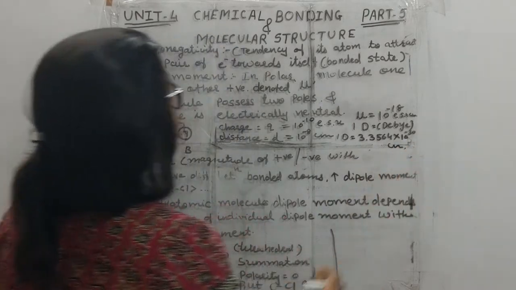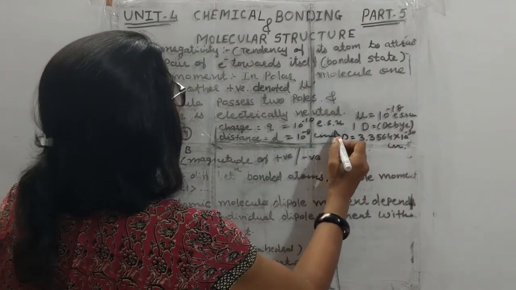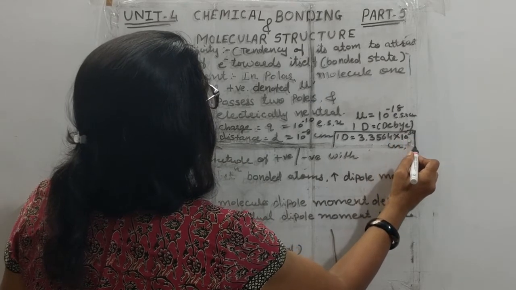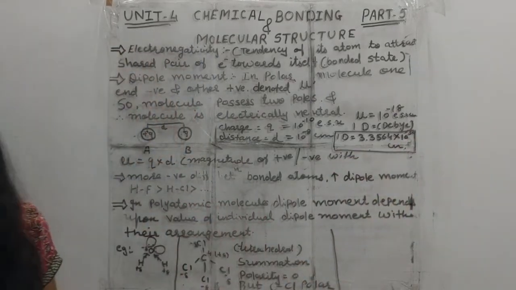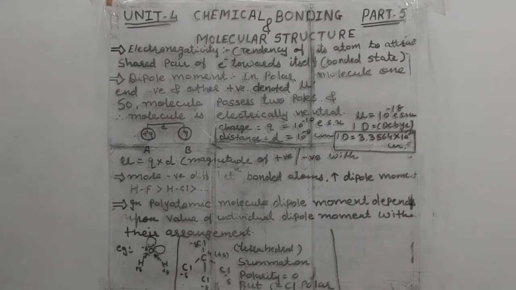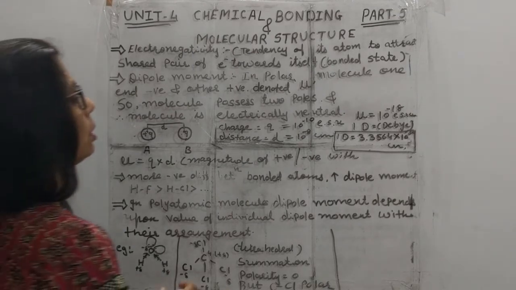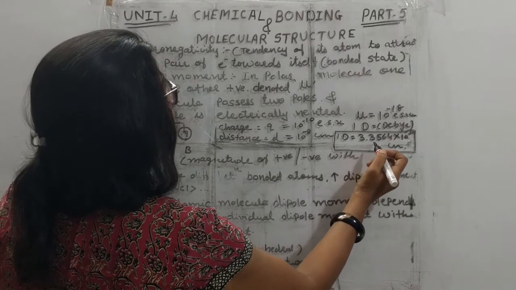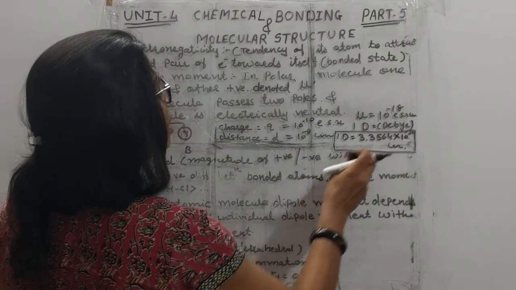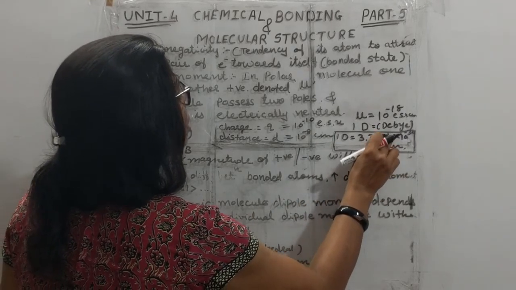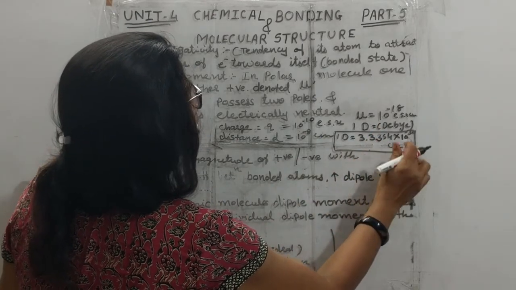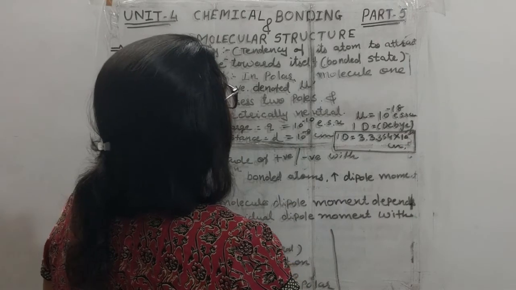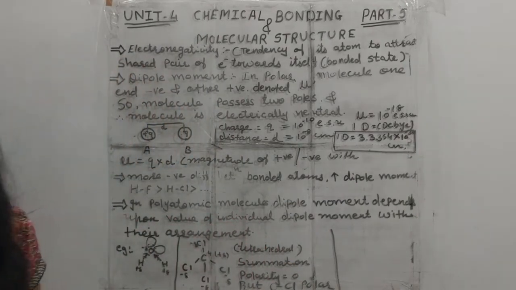So this is the value of 1 D. 1 D is equal to 3.3564 into... no sorry students, not 3.35, 3.3364 into 10 raised to minus 30 centimeter. It is the 1 D value.